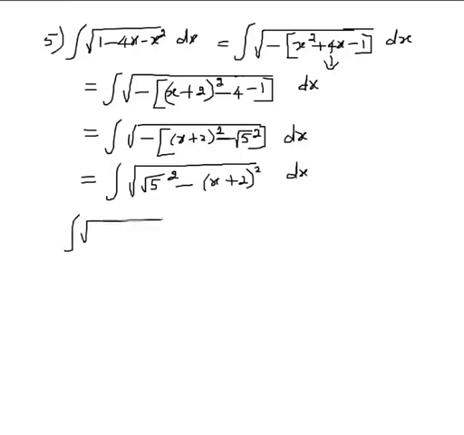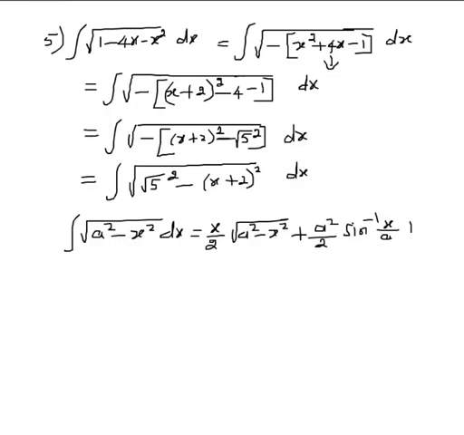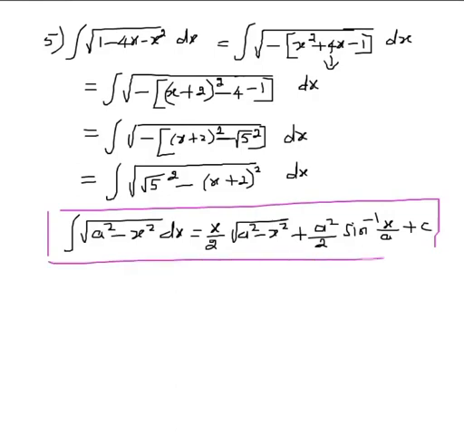And use the integral of root of a square minus x square formula, which is x by 2 root of a square minus x square plus a square by 2 sine inverse of x by a plus c. Be thorough with all the formulae. Keep revising.